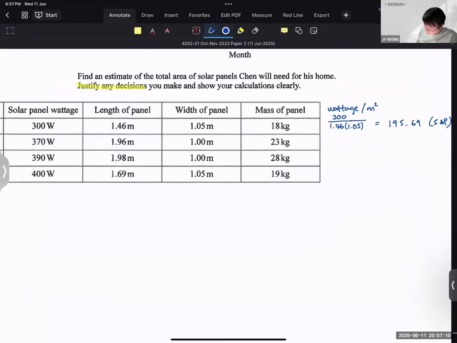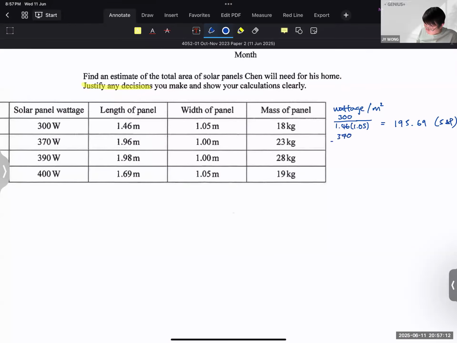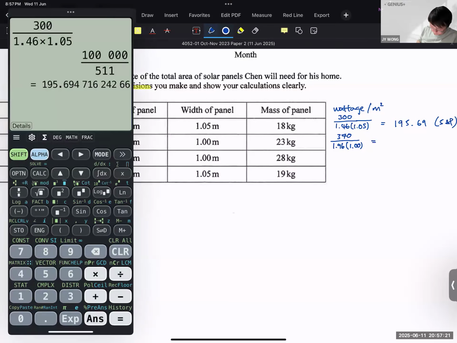Second one, 370 divided by 1.96 times 1.00, which will give me 188.78.